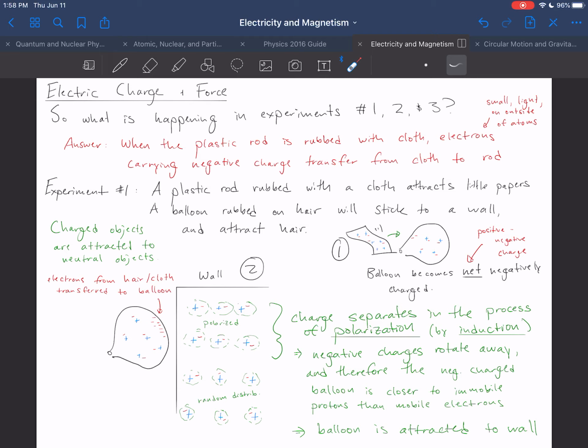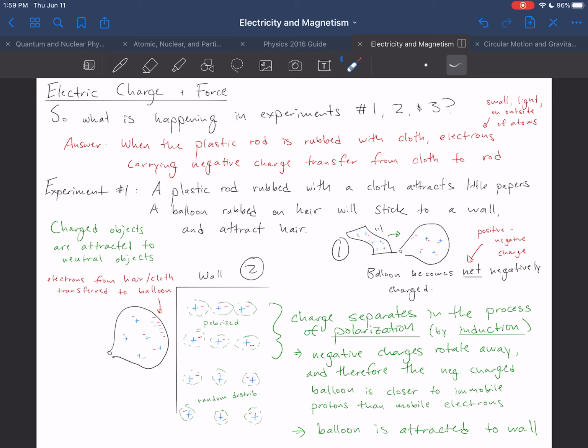And as a result, when you bring that balloon close, the extra net negative electrons on the balloon repel the electrons in the wall. Those electrons all sort of scoot over to the far side, as far away from the balloon as they can get, and still be in their molecule.